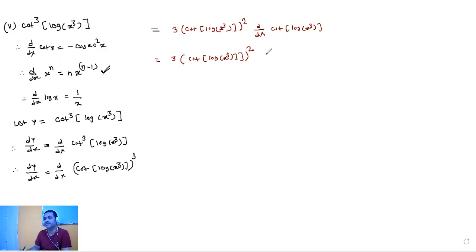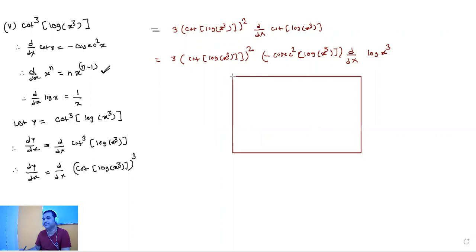Derivative of cot x is minus of cosec square x, that is here in this case it is a function of log of x cube, and cosec square log of x cube, so entire x is replaced with log of x cube, in bracket, and we'll again take derivative of log of x. Let's take an additional working note here in this case.